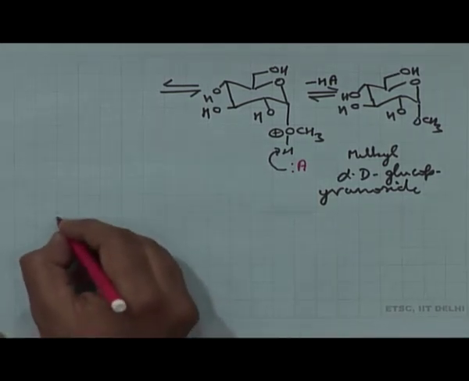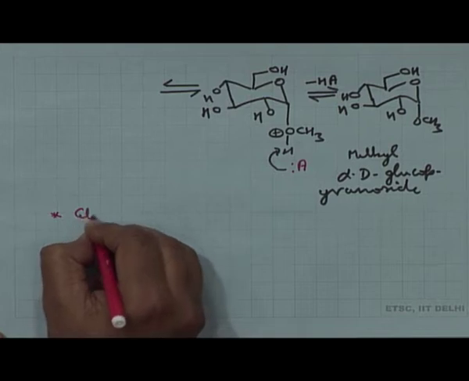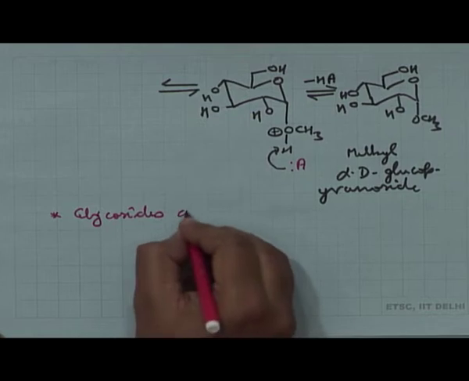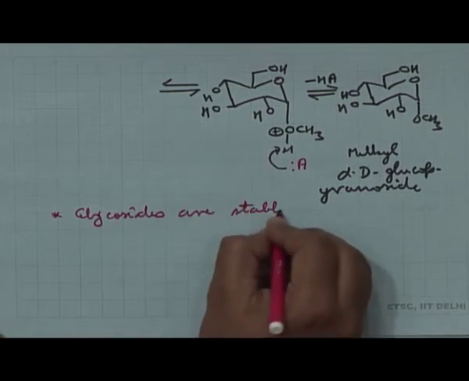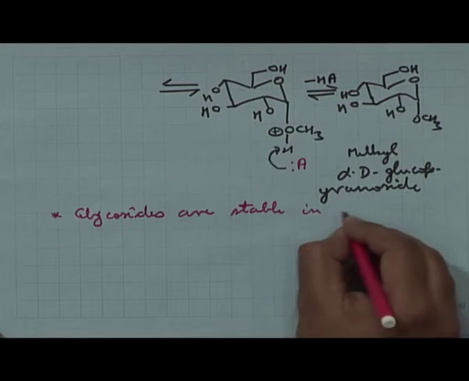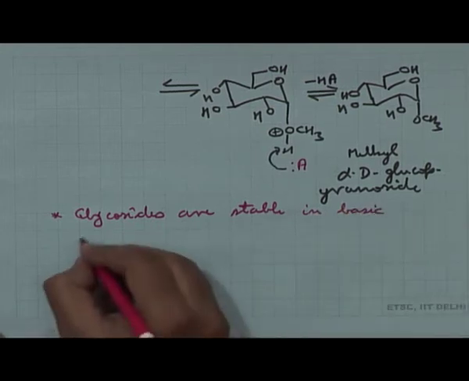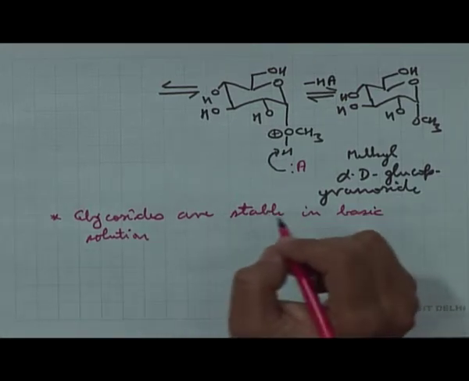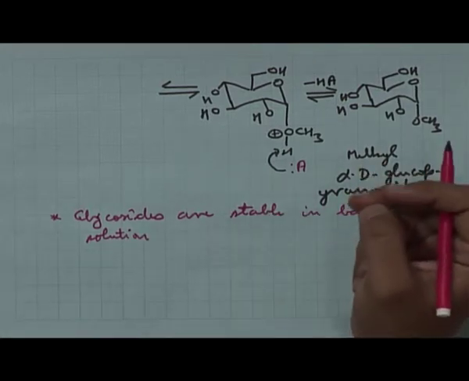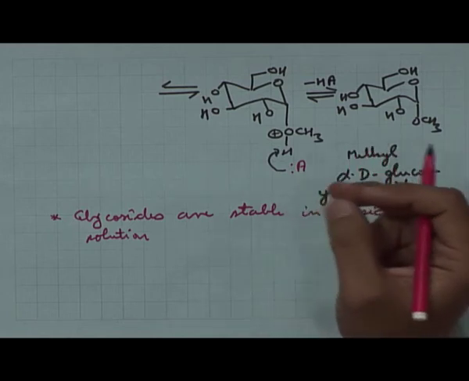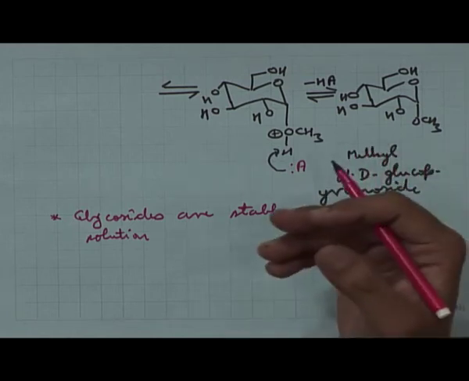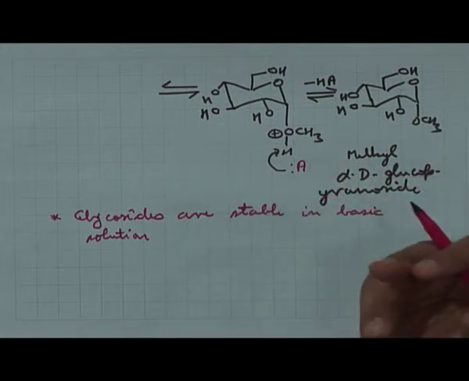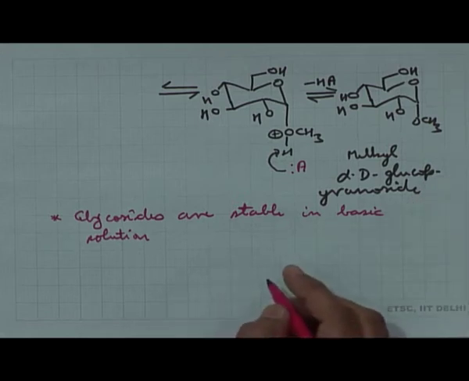in basic solution. Important point, glycosides are stable in basic solution. Because they are acetals, and if we have acidic solution, a glycoside can undergo hydrolysis to produce the corresponding sugar and alcohol as a side product.